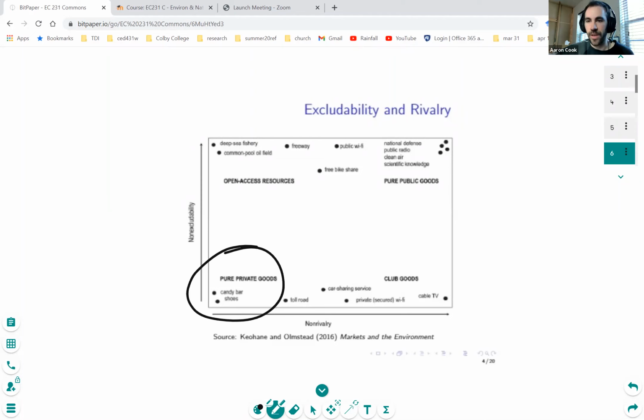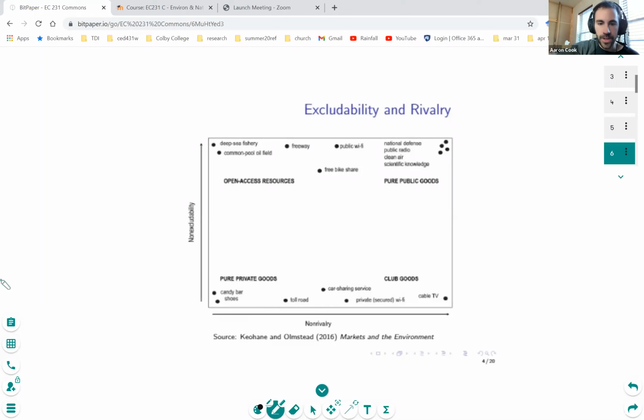These are private goods, like your laptop computer, your house, your shoes. You have a legal right to exclude other people from using those things. And if you're using your car or your computer, you can't have someone else use it at the same time. It's rival in that way.